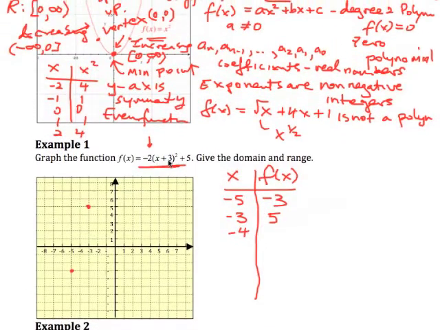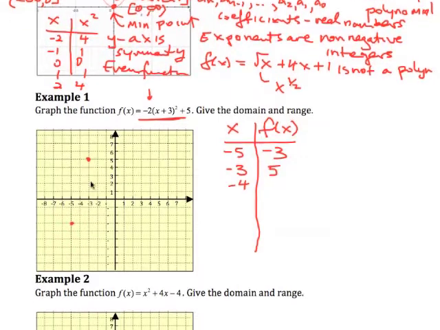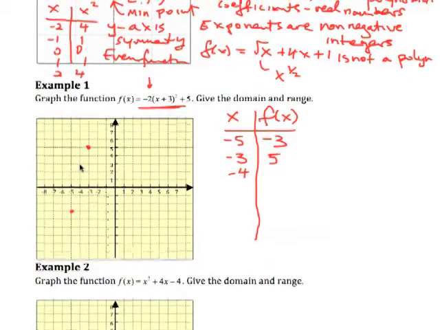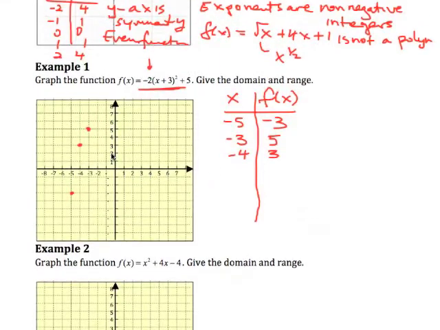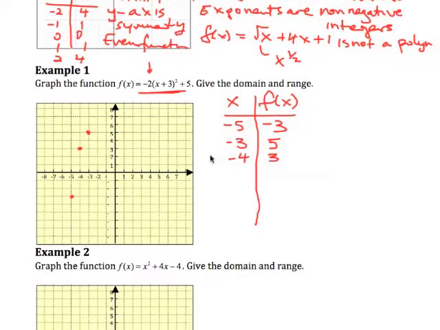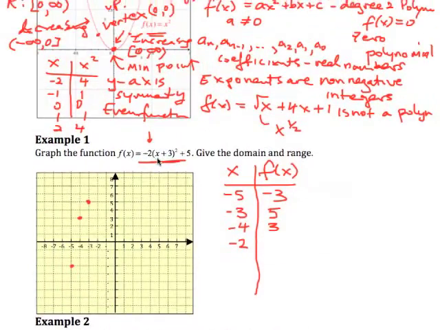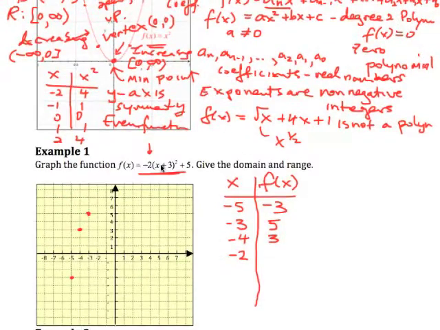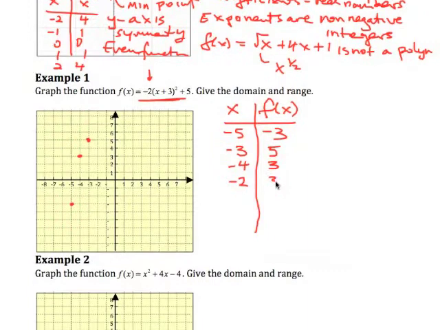So -4 would give me a -1, squared is 1, -2 plus 5 would give me 3. So that would be right here. Well, we need to go to the other side now. We do know we have some symmetry with this, so let's try -2. Put -2 in here, and I get 1, squared is 1, times 2 is 2, -2, so that gives me a 3 as well.